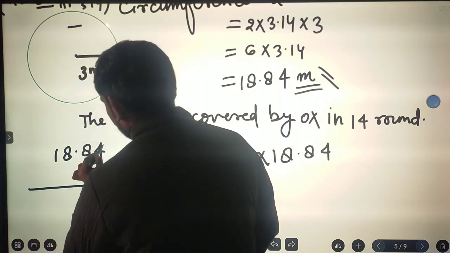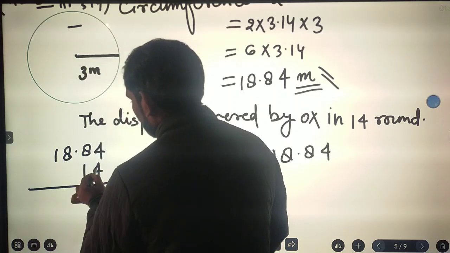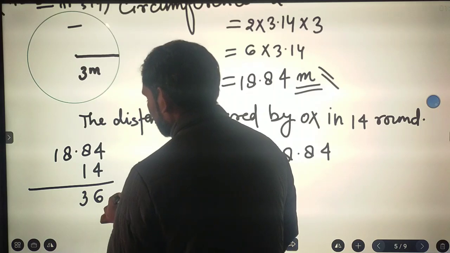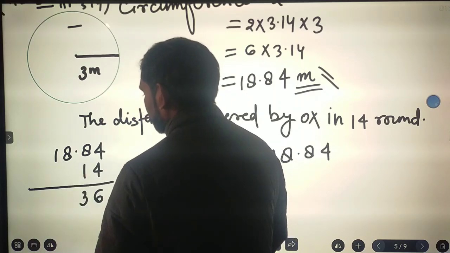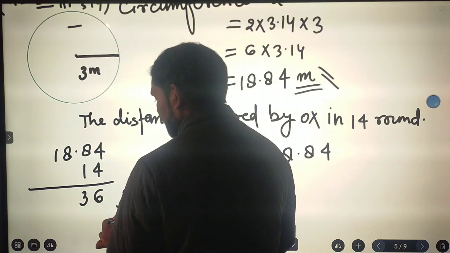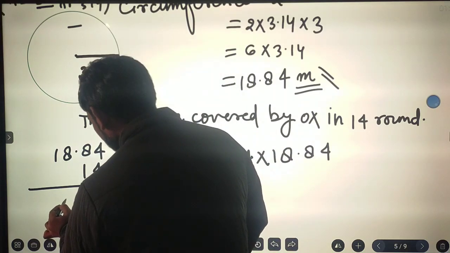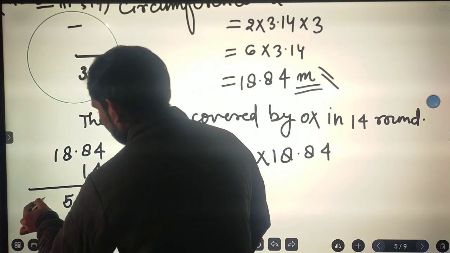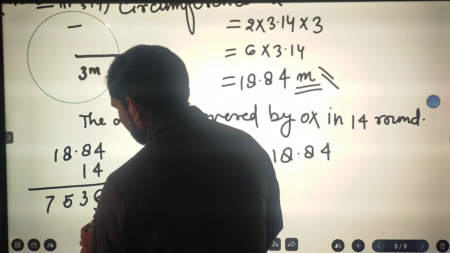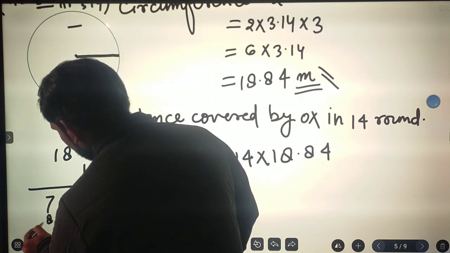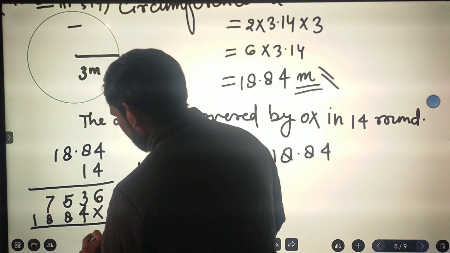4 fours are 16, carry 1. 4 eights are 32, 32 and 1 is 33, carry 3. 4 eights are 32, and the carry 3 is 35, carry 3. 4 ones are 4 and 3 is 7. Now adding the rows, we get the product.